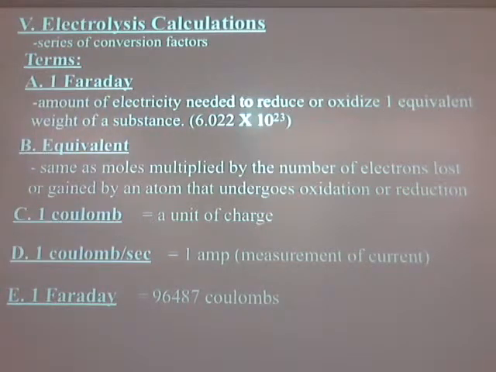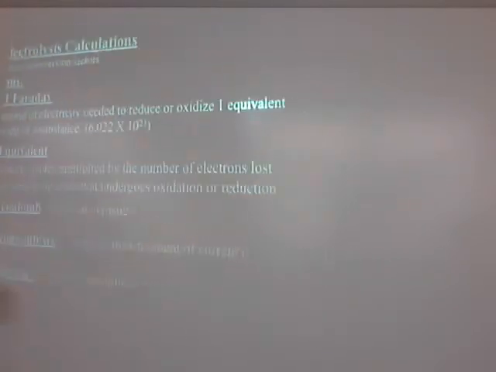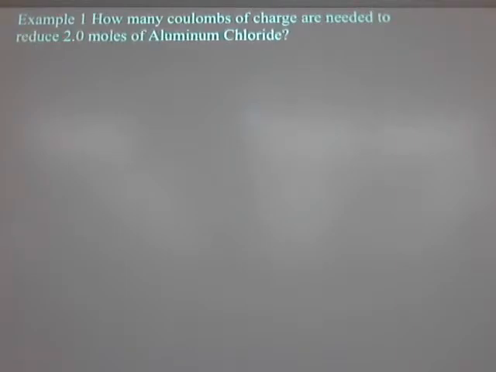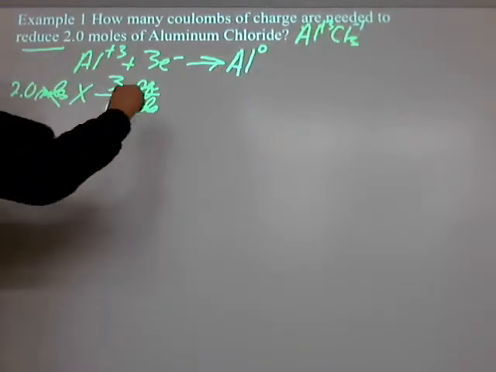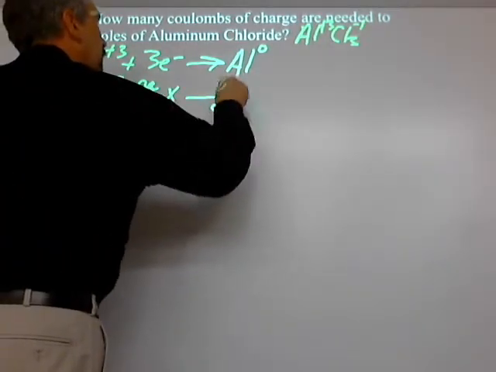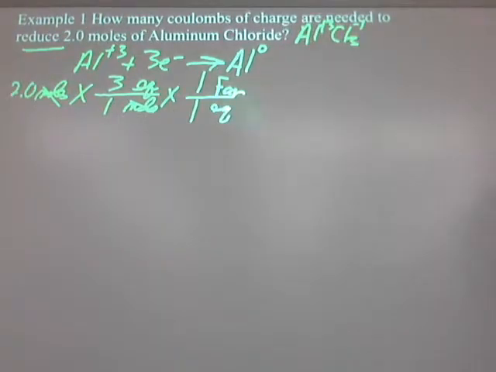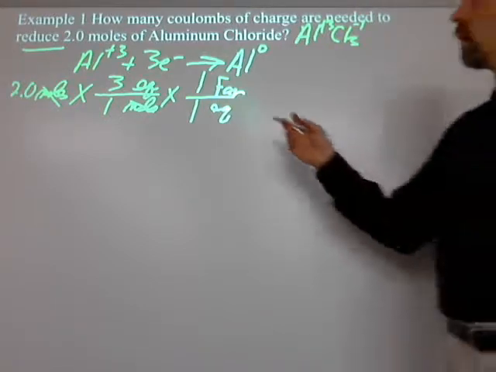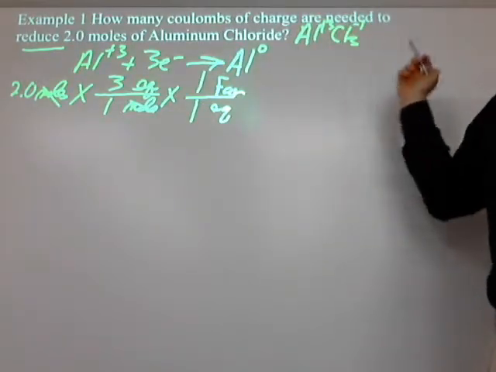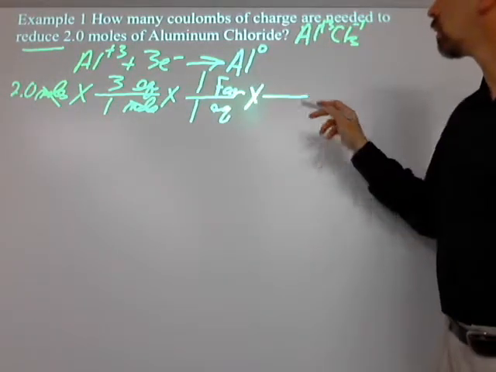You're going to get sick of writing this down because so many of these require this same step. Equivalents go on the bottom, Faradays on the top. 1 Faraday contains 1 equivalent. It seems silly to have to do that, but that is the relationship. It's kind of like stoichiometry. All of this is just conversions.